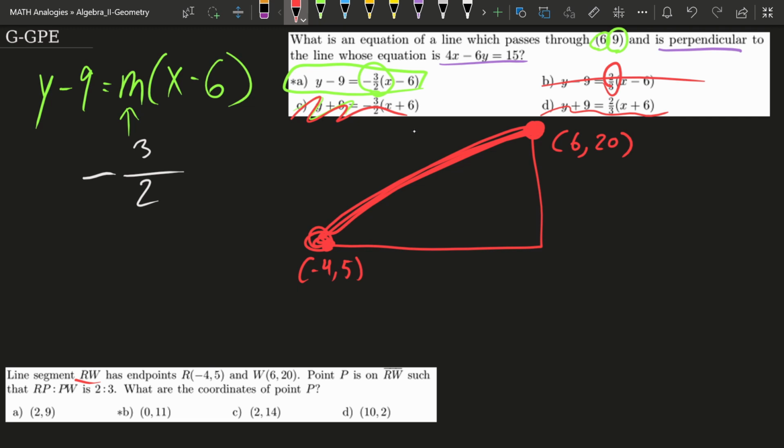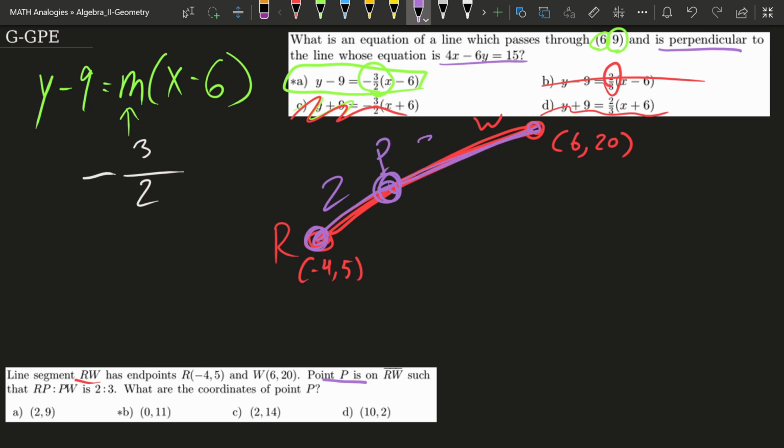R and then W. And then there's this point P on this line segment, so that the ratio of RP to PW is 2:3. So R to P should be a lowly 2 compared to P to W at something like 3.